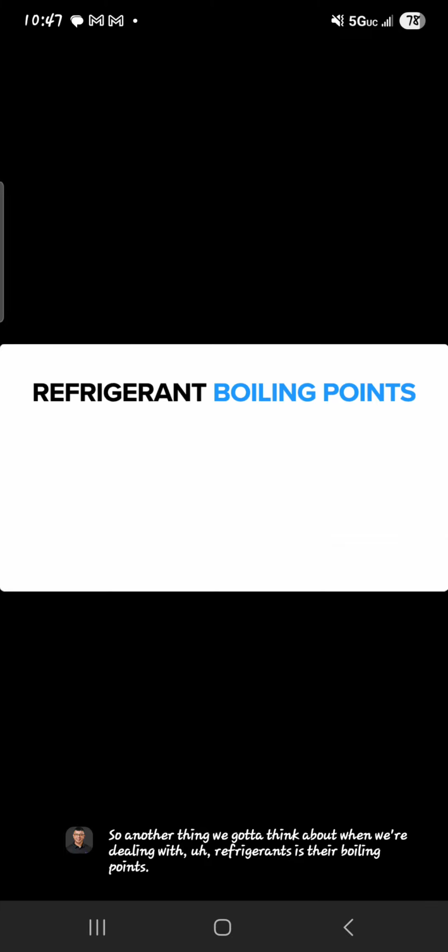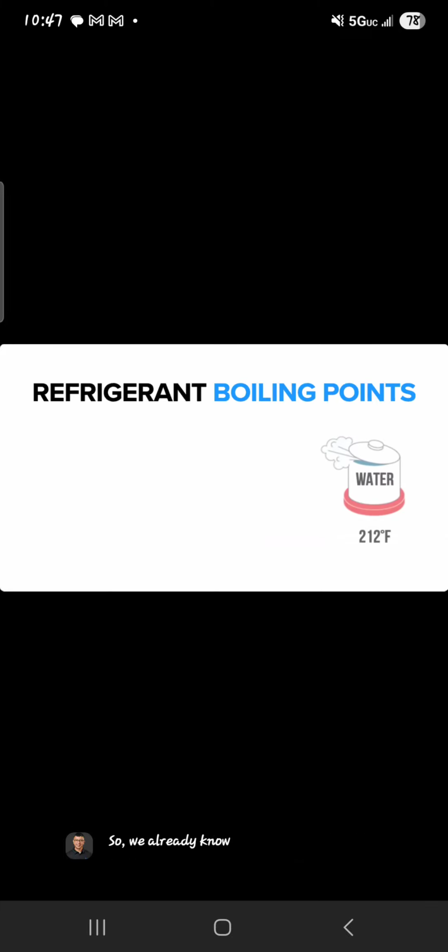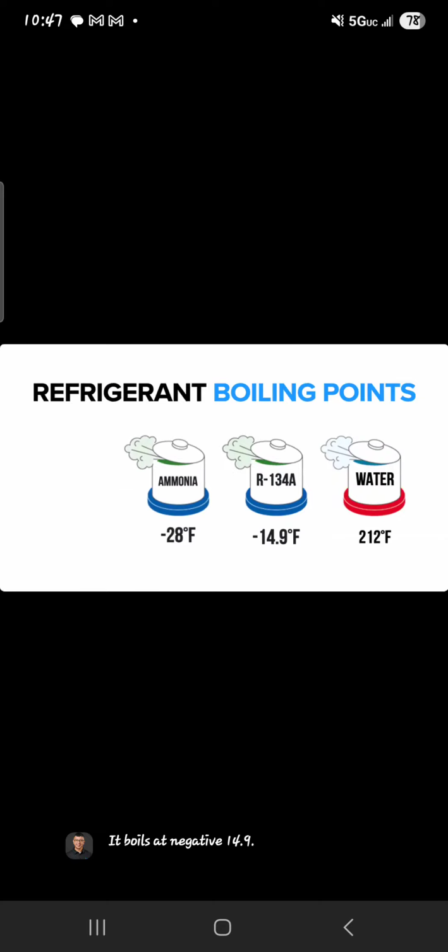Another thing we have to think about when dealing with refrigerants is their boiling points. We already know water boils at 212. R134A boils at negative 14.9. Ammonia, negative 28. And R410A, which is on most systems now, is negative 55.